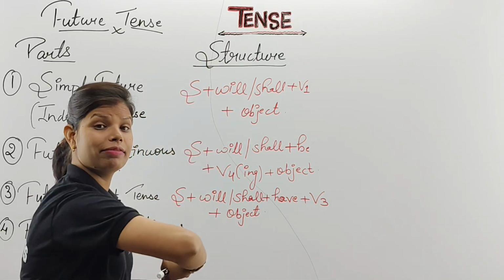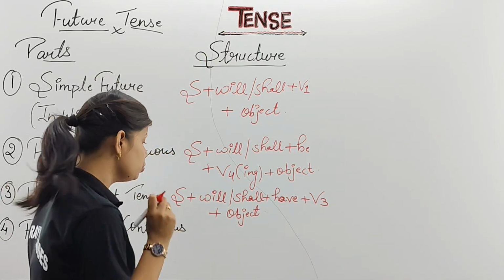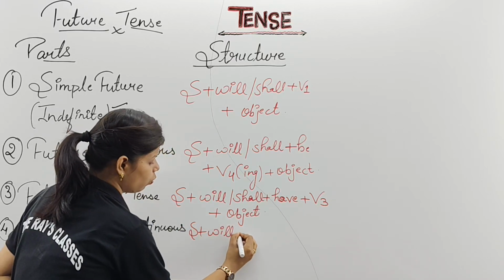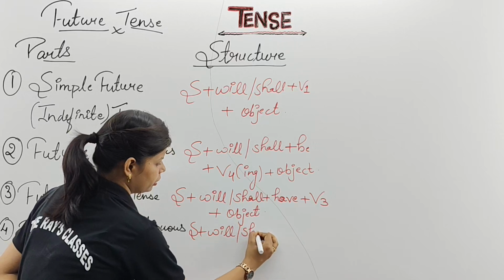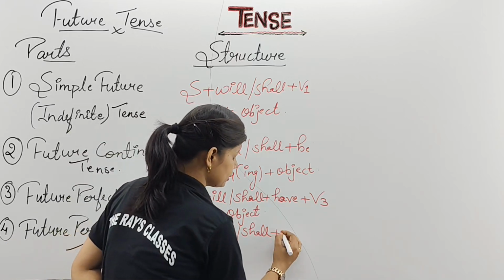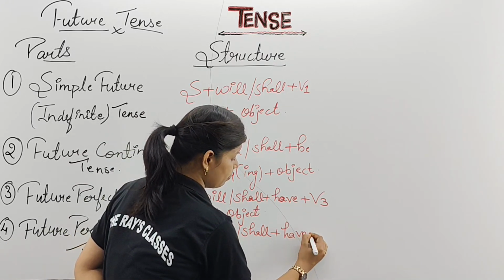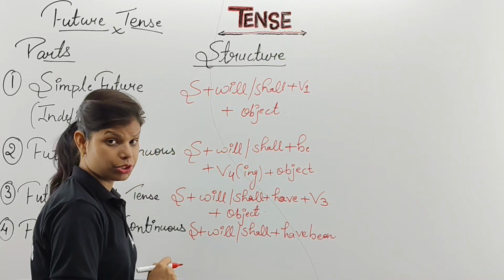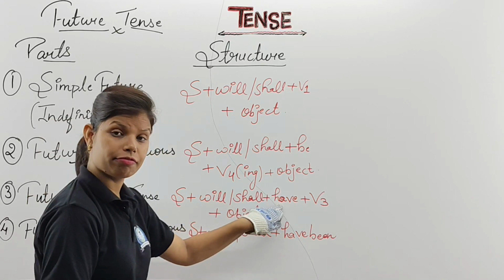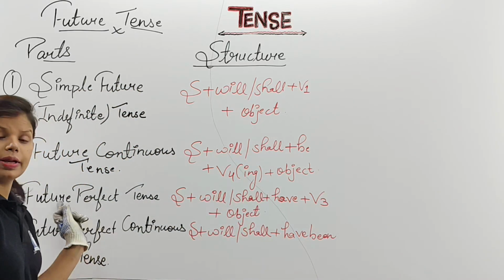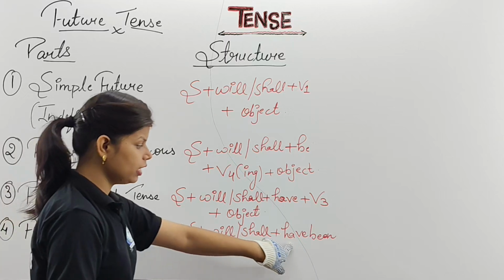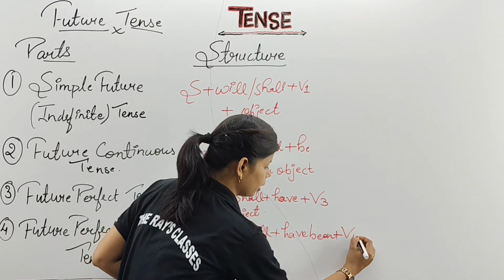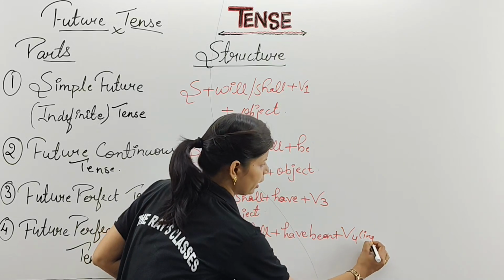One common term you have is be, which is going to be used in this. So you write subject plus will or shall plus have. Along with have, you use what? Been. Please make it short. Here you use only have, in which case? Future perfect tense. And here, along with have been, you use the verb's fourth form, the ing form.